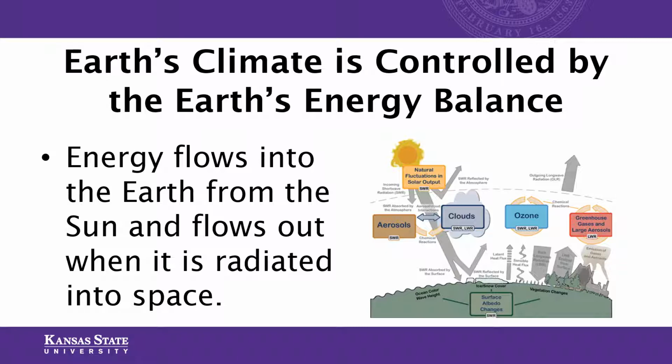Eventually, all energy does radiate out into space. How long the sun's energy is trapped in the atmosphere is what determines our climate and our global temperatures. So energy from the sun is our main driver of Earth's climate system.